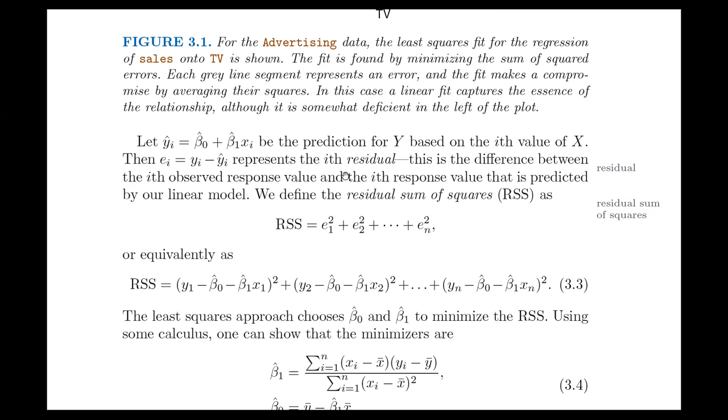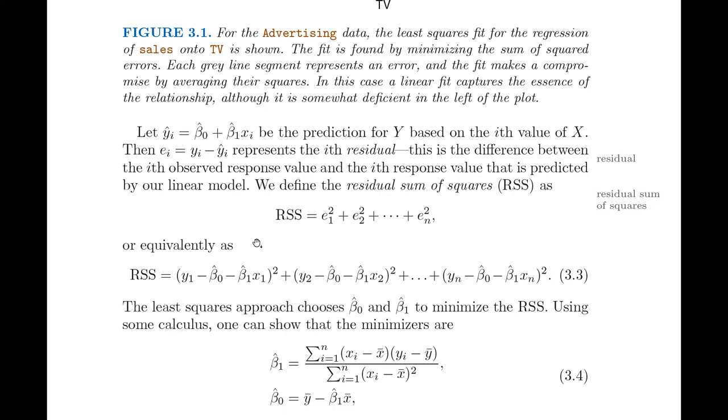And what does the book have to say about it? It is the difference between the actual yi and the expected. So ei for each observation, for each data subject, we're going to have an ei, and that represents the ith residual. This is the difference between the ith observed response value.